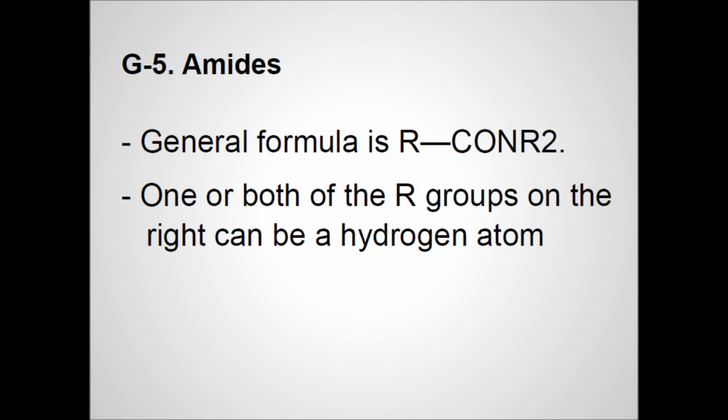The general formula for an amide is RCONR2, where one or both of the R groups on the right can be a hydrogen atom. Some uses of amides include pharmaceuticals, artificial sweeteners, and adhesives.